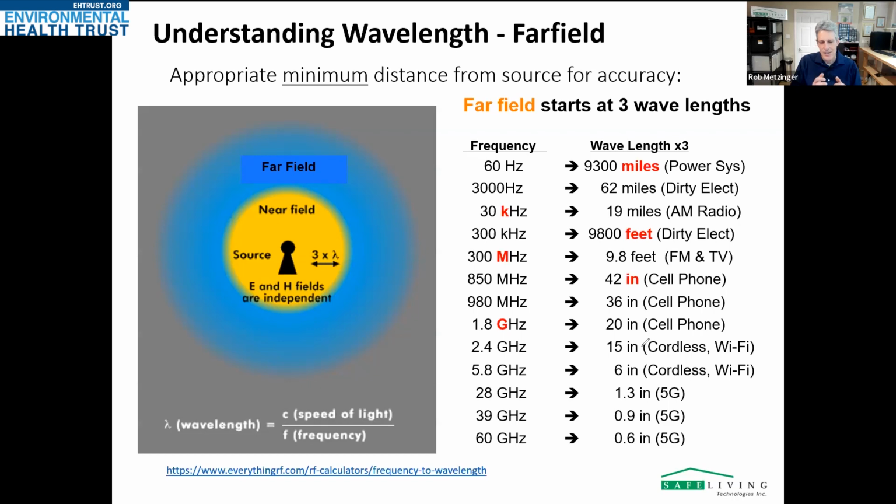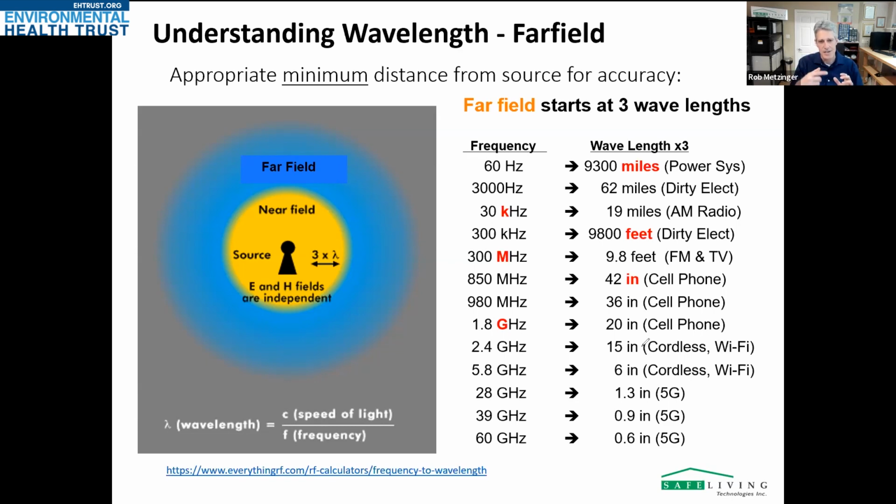So technically, you do need to be in the far field when you're measuring these sources with our meters, because they're far field meters. So you just don't want to be too close to the source. There's no reason why you still can't put the meter close to the source and watch the reading go up, because it'll go sky high. But in the far field, it's a more uniform field, and it's kind of equal.